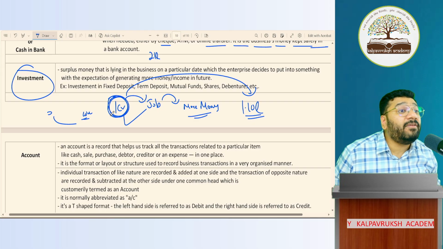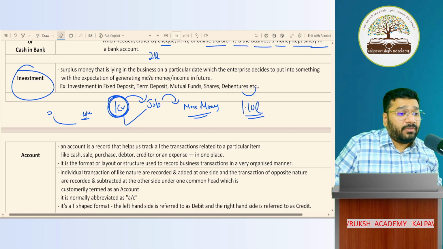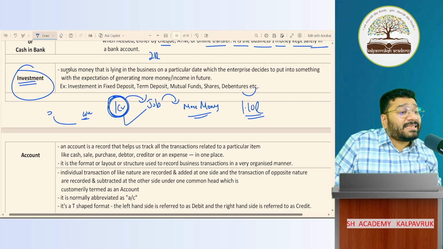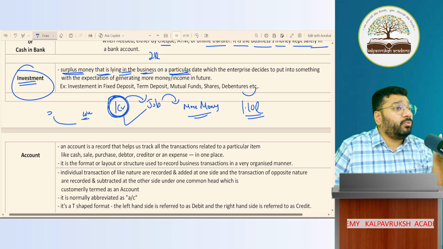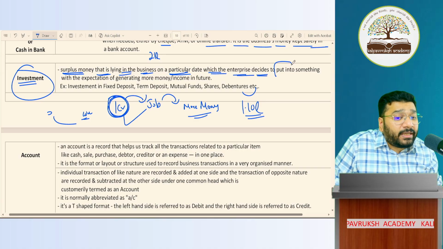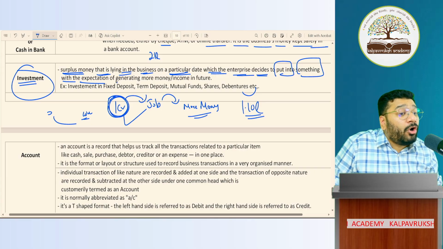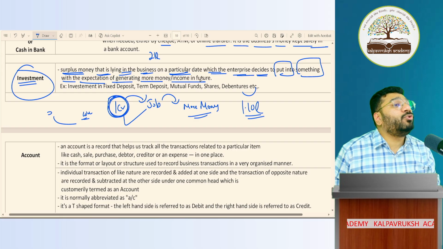This is called investment. Got it? Investment is surplus money lying in the business on a particular date, excess money, which the enterprise decides to put into something with the expectation of generating more money or income in future.